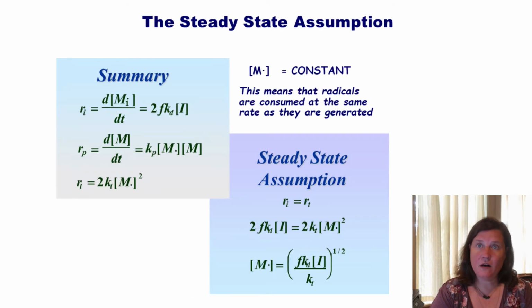So when we set Ri equal to Rt, the rate of initiation equals the rate of termination for free radical polymerizations, we can very quickly and simply solve for the radical concentration. And now we have it, the radical concentration is expressed in either constants or things that we know or can measure, meaning the initiator concentration.